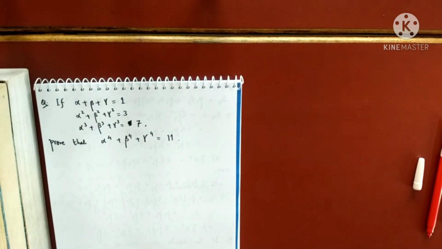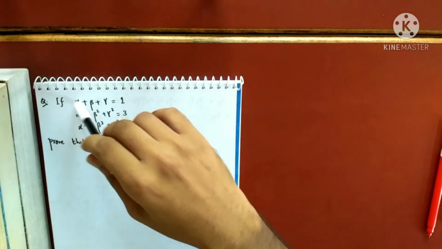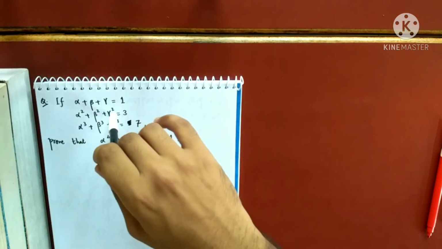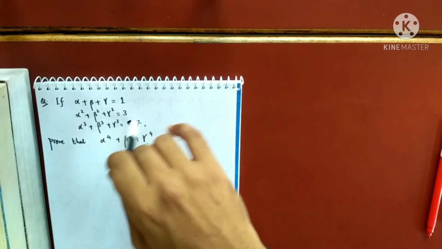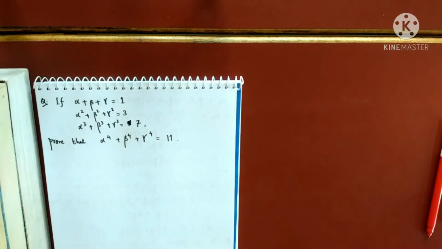So this is the question they have given in the exercise: if I have 3 numbers, alpha, beta, gamma, real or complex numbers, suppose, and their sum is 1, sum of their squares is 3, sum of their cubes is 7, prove that the sum of their fourth power is going to be 11.